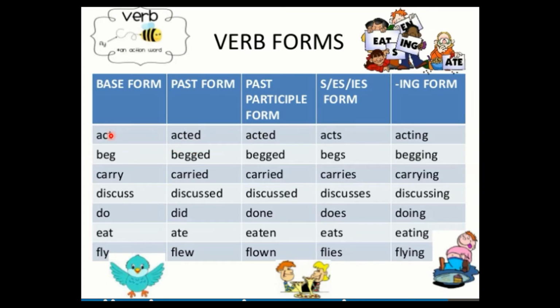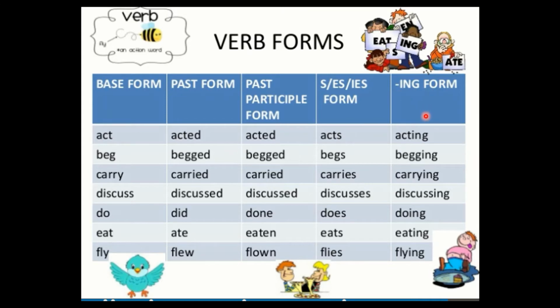These 5 formations can be illustrated like this. First, see this base form, act. The past form, or the second form of the verb act, is acted. Then the past participle form, or the third form, is acted. Then we use s or es or ies with the form in present indefinite tense. This is acts. And then the ing form.